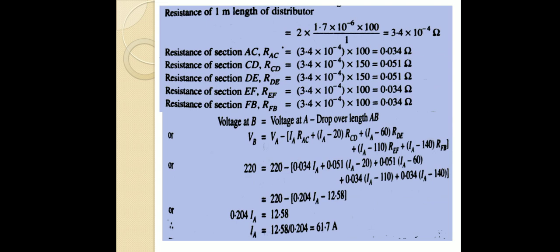So 220 is equal to 220 minus the drop, and by simplifying the equation we get the IA value. IA is equal to 61.7 amperes.